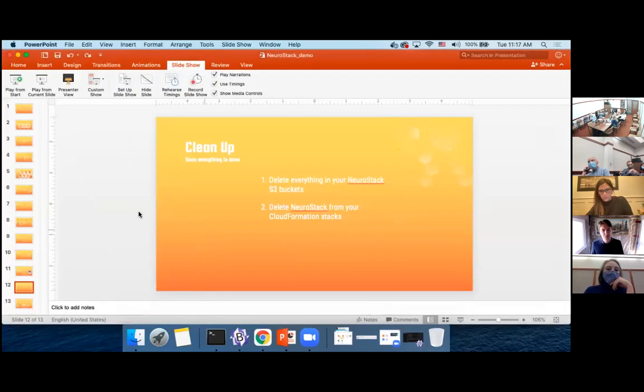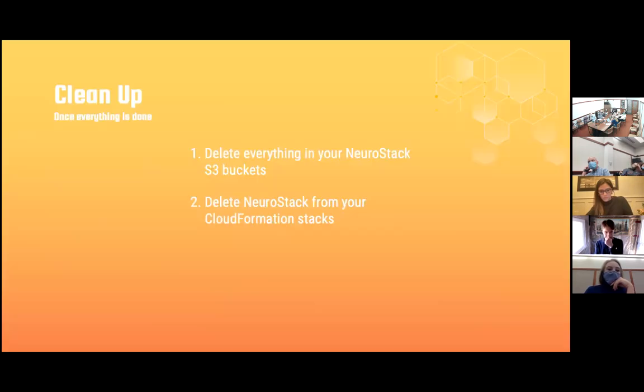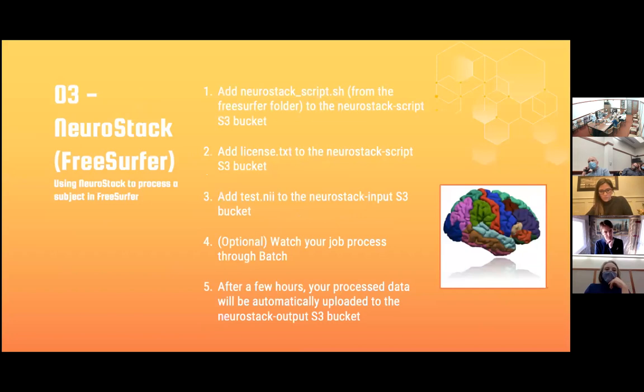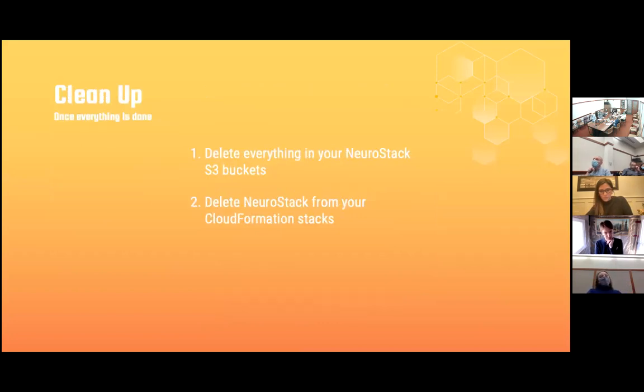So then what I'm looking to do is clean up. The cleanup is really important because with AWS, you pay for the storage that you're using. Right now I have files that are being held by AWS in storage, so I'm going to keep being charged for these things until I take them off of AWS.